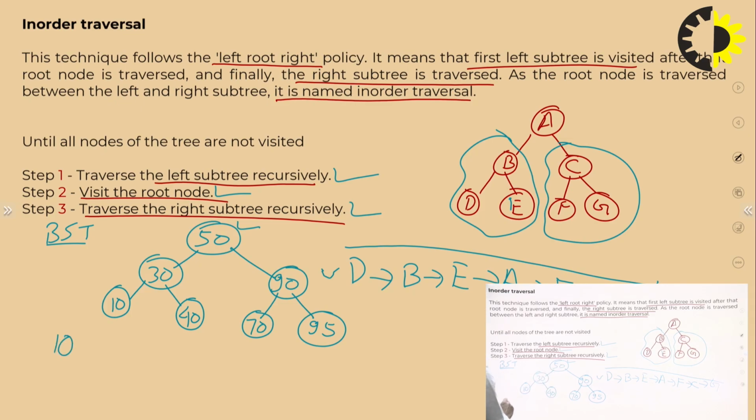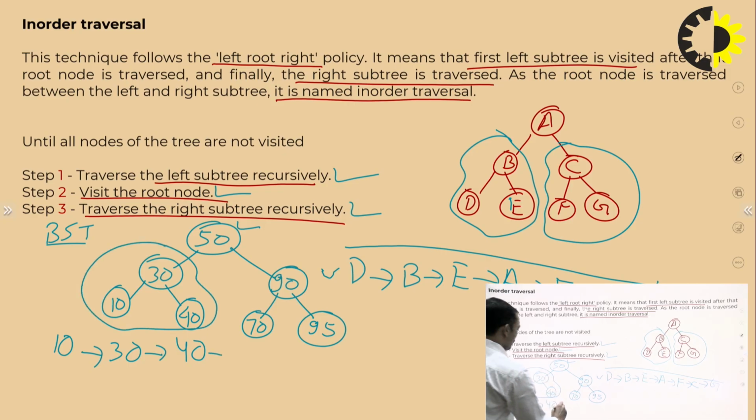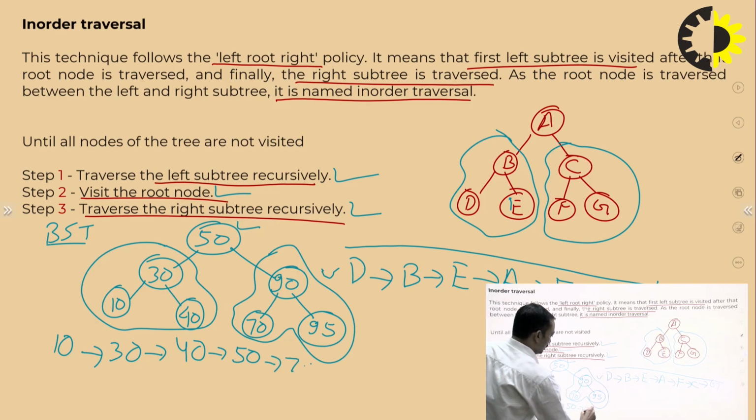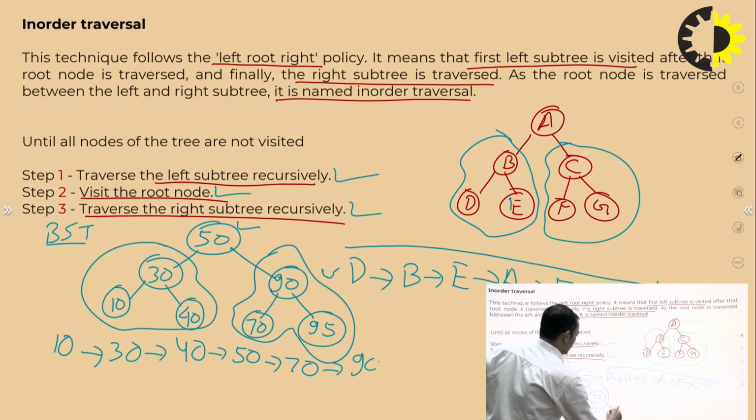So we are at 10, then the root 30, then we visit 40, the right child of 30, then the root of this left subtree, 50. Then we visit the right subtree. In this we first visit the left, 70, then the root of this subtree, 90, then we visit 95.